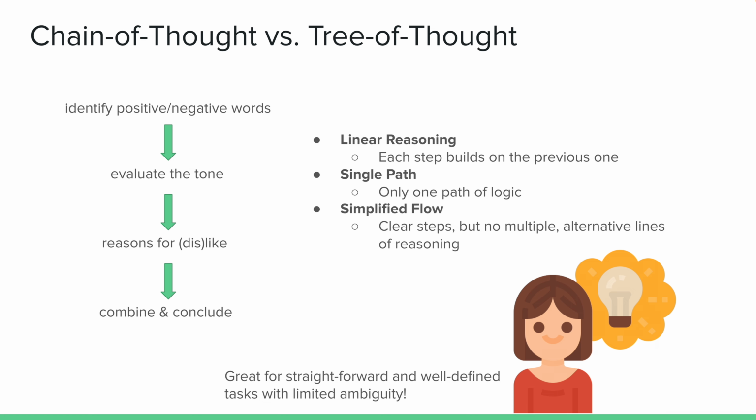This approach works particularly well for a straightforward task with limited ambiguity, such as identifying sentiment, following a set process, or making binary decisions. It's efficient for tasks that require a clear and structured sequence, ensuring that the model can follow a predictable reasoning pattern to reach the desired outcome.